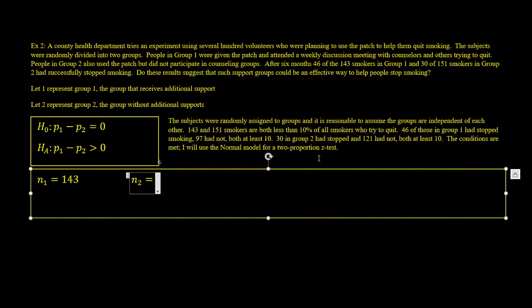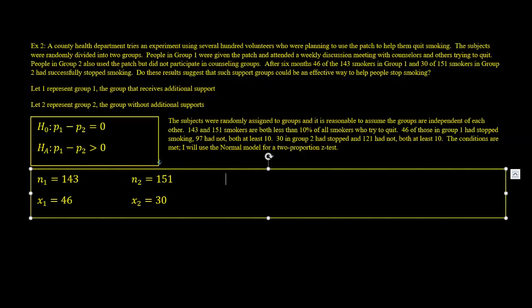Now we use the variable x to determine our successes, and that's what we'll need for putting it in the calculator. So x1 was 46, and x2, those that quit in Group 2, was 30. That's all we need to do this with technology.